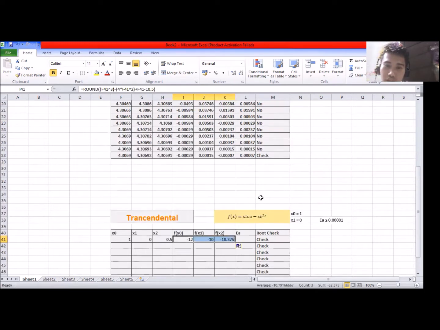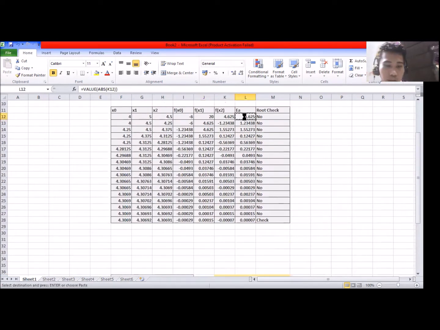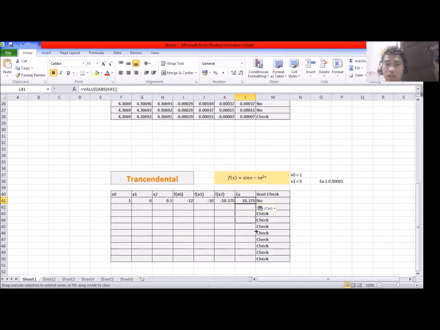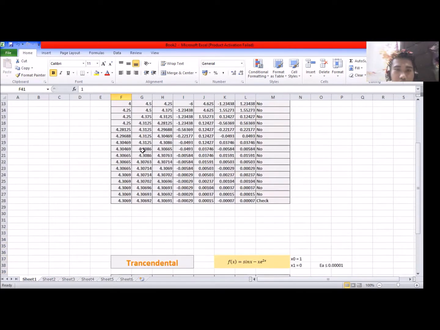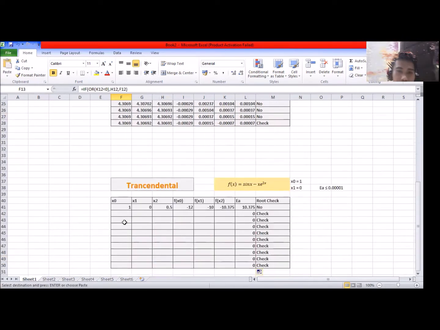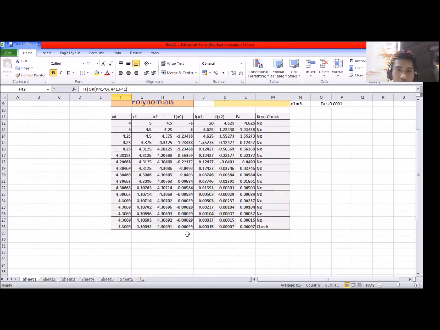Now you get the initial functions here, and that is how you get the transcendental function. Like twice earlier, just use the initial values here and here.